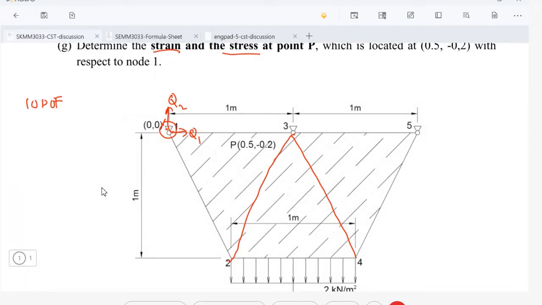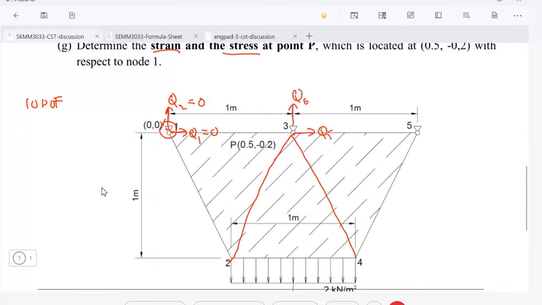Because it is a pin, it cannot move either in the x direction or in the y direction because it is fixed. So this is 0 and 0, right? How about this? We know that's Q5 and Q6. So what's the boundary condition here? Same, the same thing.